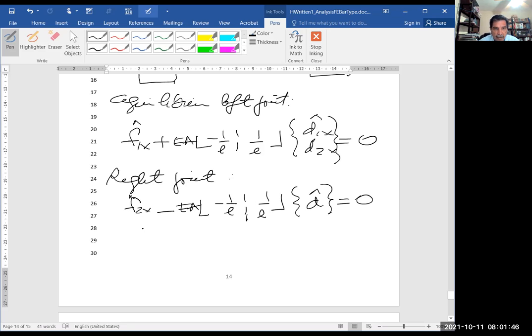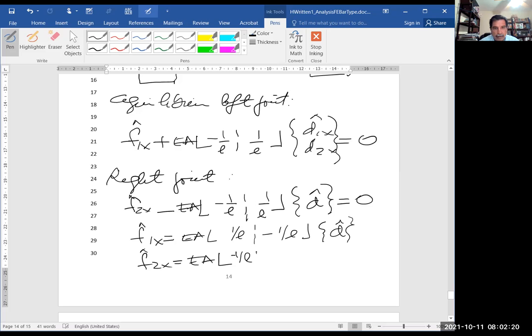So we can say that F1x is going to be equal to EA, 1 over L, minus 1 over L, times D. And for the second one, we take this to the right and say F2x is going to be equal to EA times minus 1 over L, this is positive.